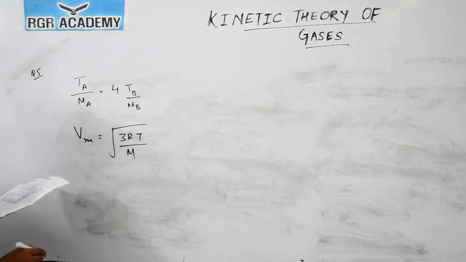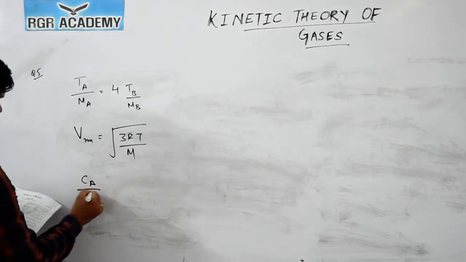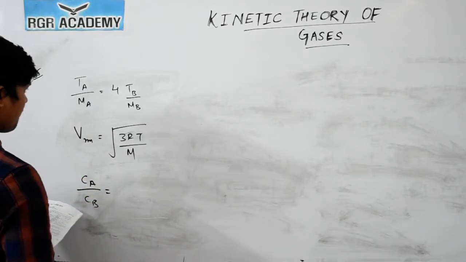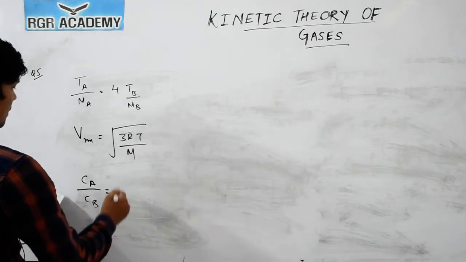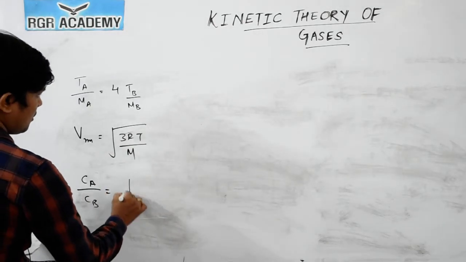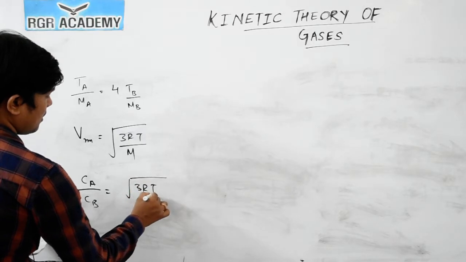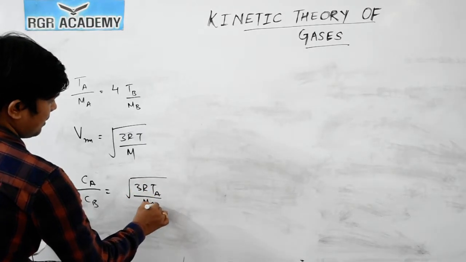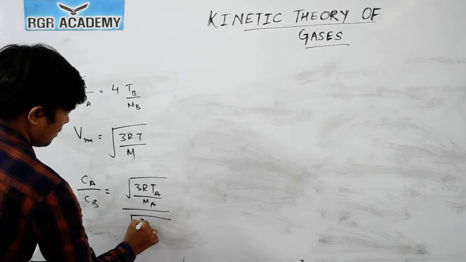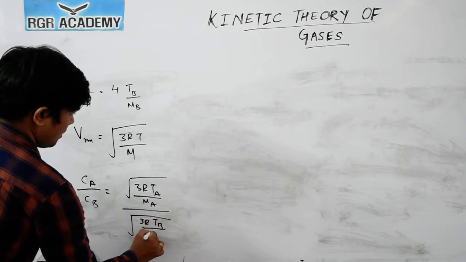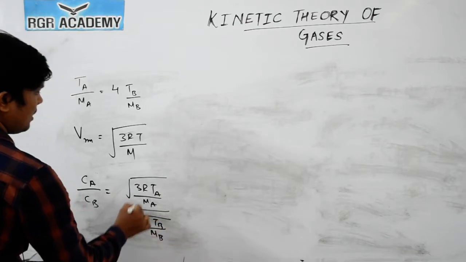So we can write Ca and Cb. Ca by Cb will be equal to the square root of 3R TA by MA divided by the square root of 3R TB by MB. The 3R will cancel out.